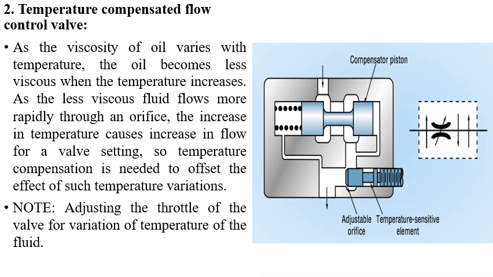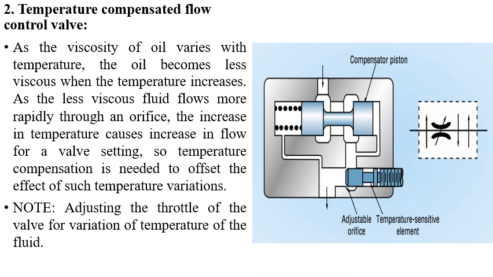Pressure compensation is achieved as in the pressure compensated flow control valve explained in the previous section. Temperature compensation is introduced by including an aluminum alloy element as shown in the figure. There is a temperature sensitive element, that is, the aluminum alloy element. Oil circulates around this temperature sensitive element and its length varies with temperature.